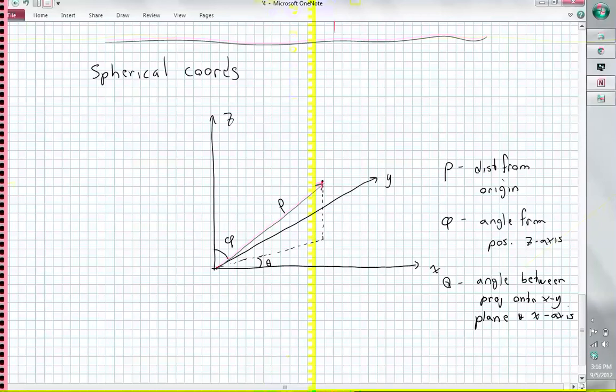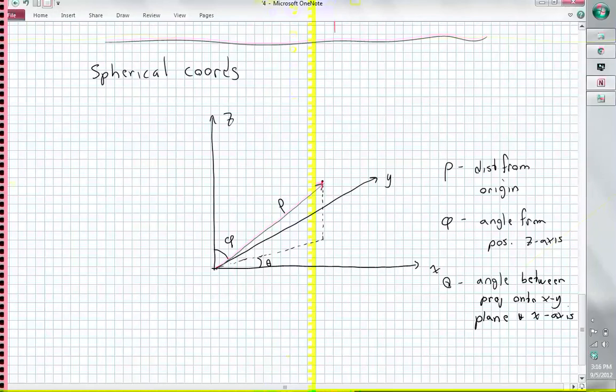This is similar but not quite the same as the coordinates we use to describe position on the Earth. Right? On the Earth we use latitude and longitude. In this coordinate system, when phi is equal to 0, where am I? I'm somewhere on the z-axis, right?